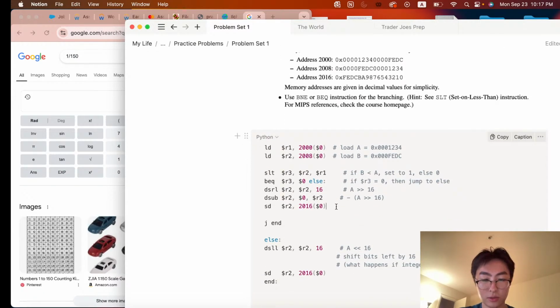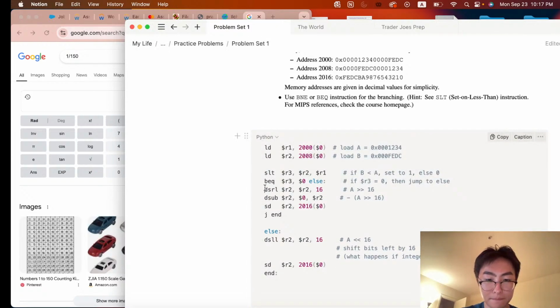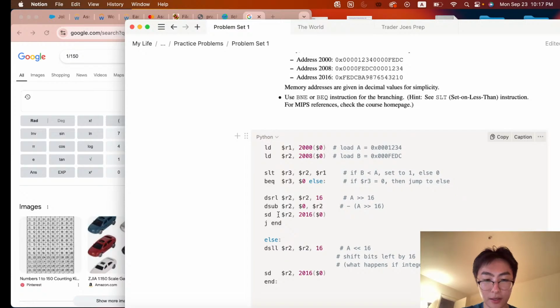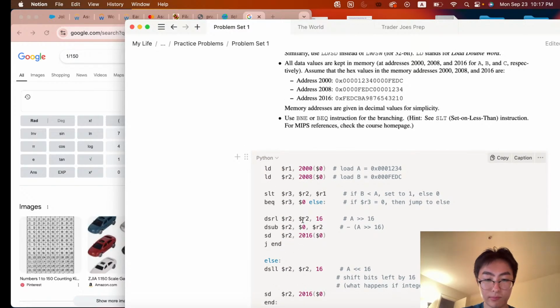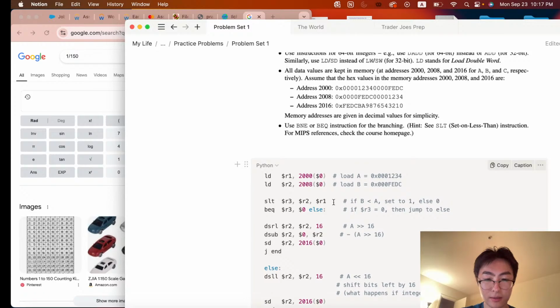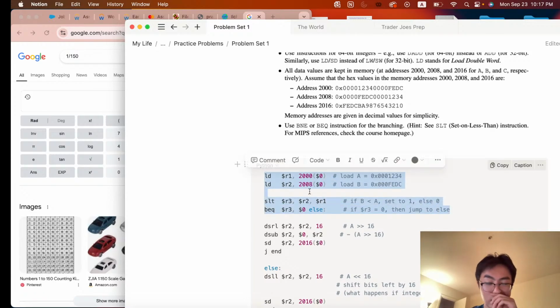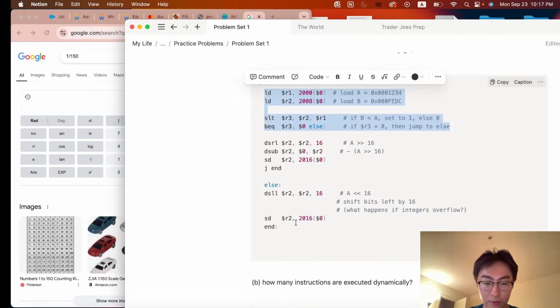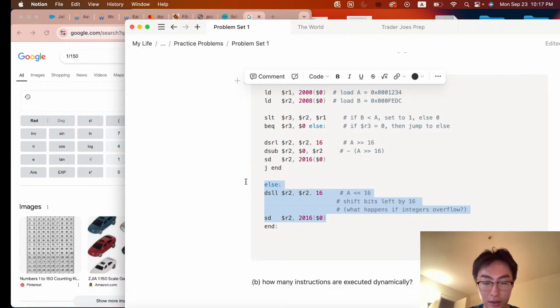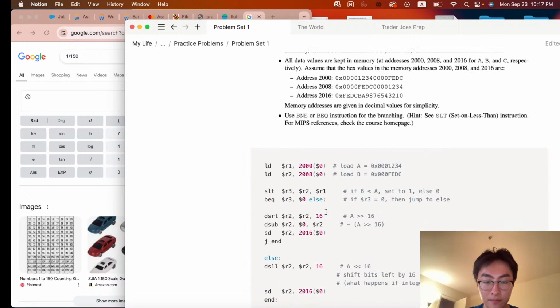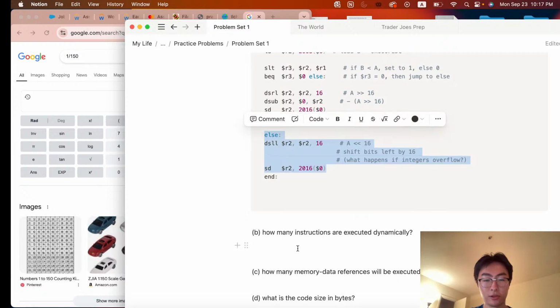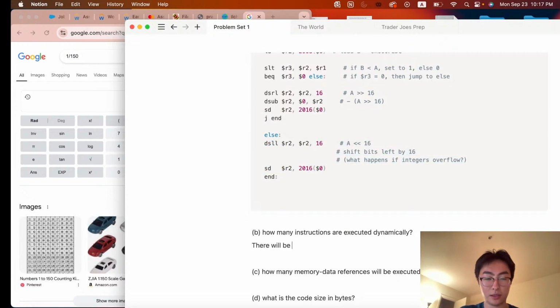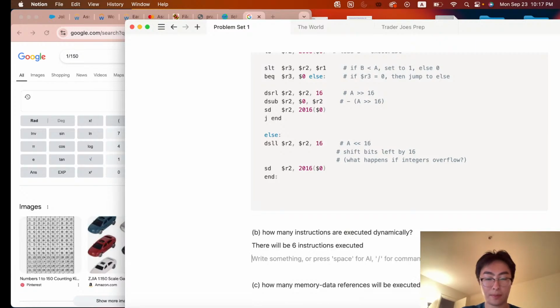So what we'll do is we'll else. So we definitely run at least these. So B is greater than A. So we'll run 4, and then we'll jump to the else, and then what we'll do then is we'll run these two. So there's going to be 6 instructions executed. So what are they?